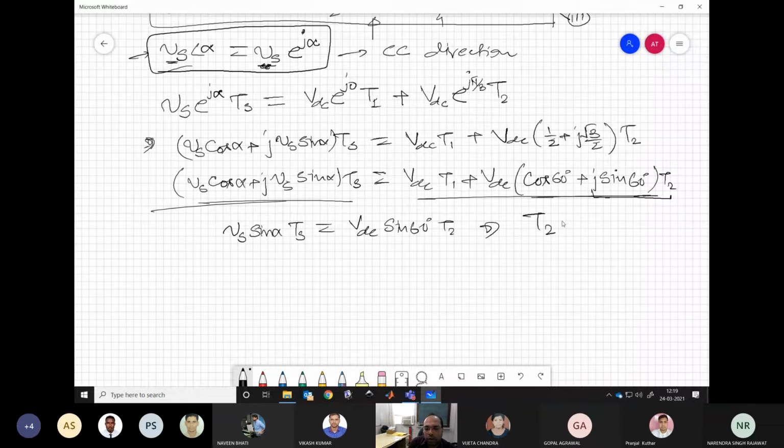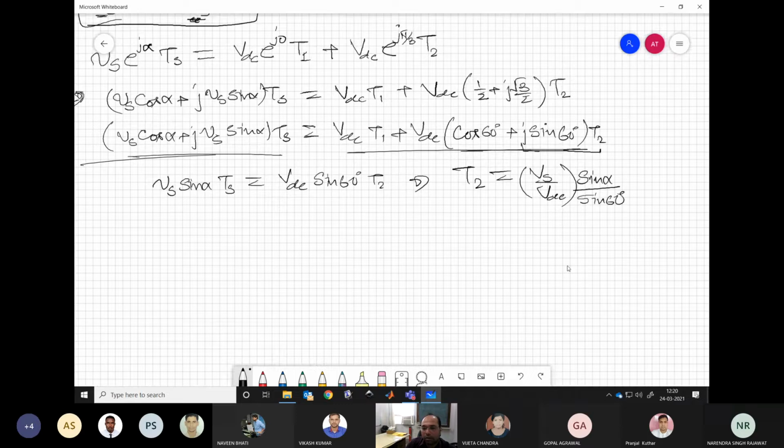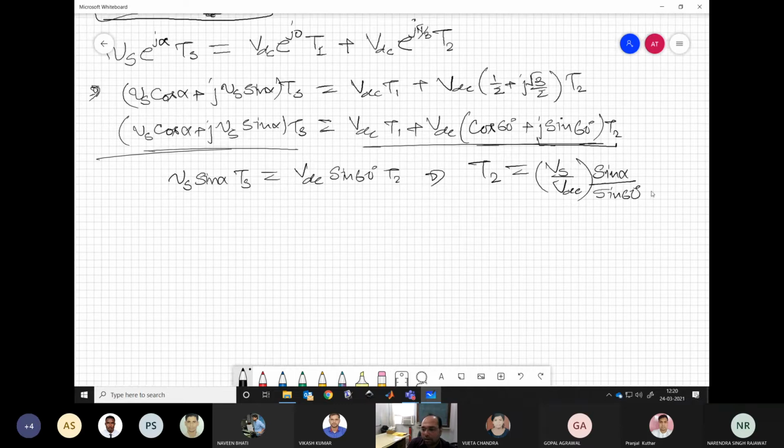So T2 can be very easily written as Vs by Vdc times sin alpha by sin 60 degree times Ts. Now please note that this Vs is not your modulating signal.